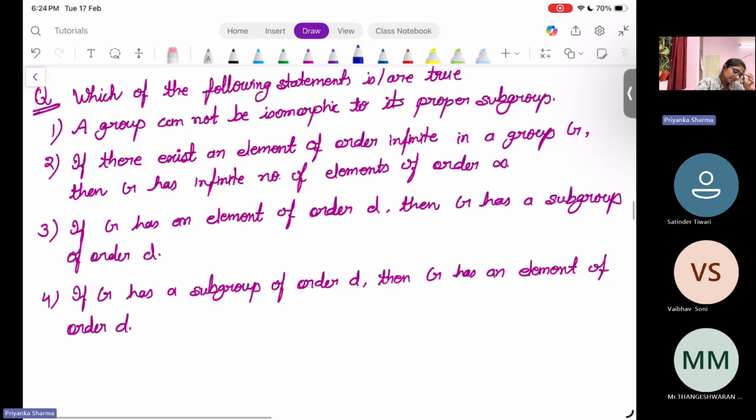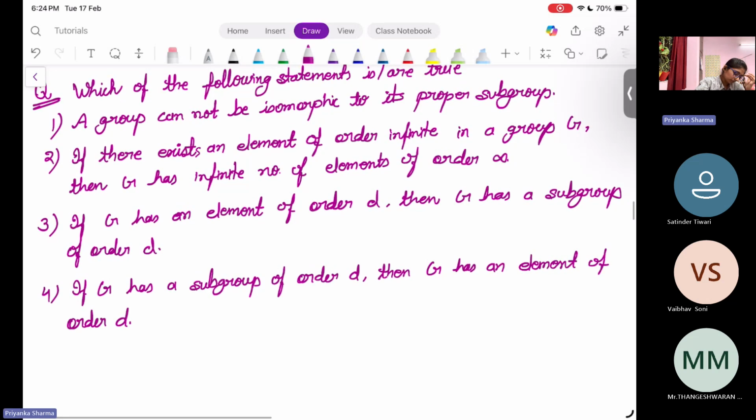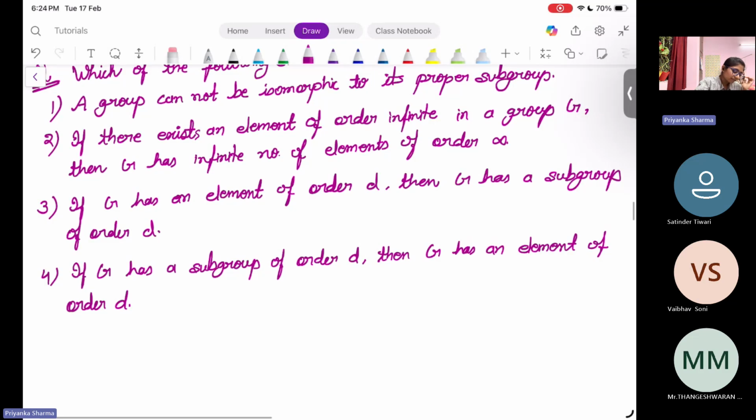Second, if there exists an element of infinite order in a group G, then G has an infinite number of elements of infinite order. Third, if G has an element of order d, then G has a subgroup of order d. And fourth, if G has a subgroup of order d, then G has an element of order d. That is, the fourth one is the converse of statement 3.